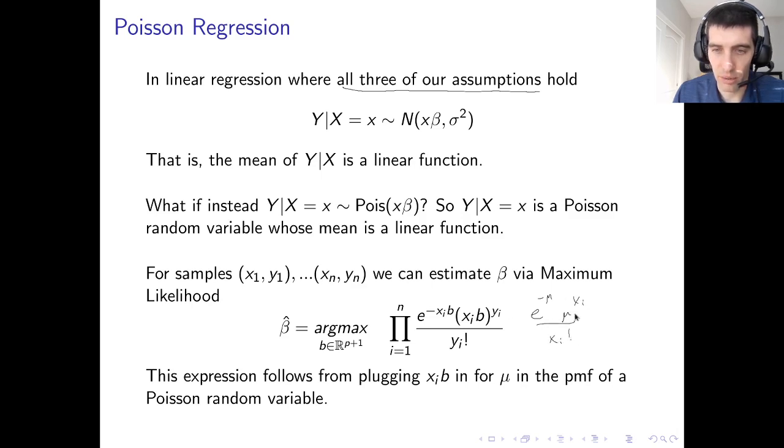And so what I've done here in writing this maximum likelihood estimation problem is I've replaced all the mu's, the means, with x beta, and xb, b being my dummy variable, and xi, my Poisson random variable, I'm replacing with y, because y is now my Poisson random variable.